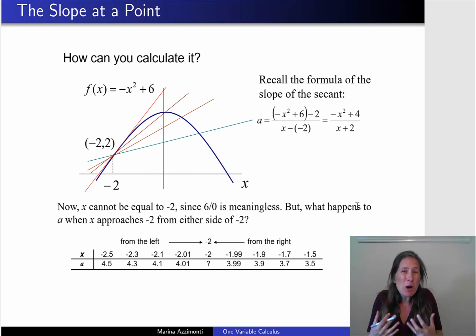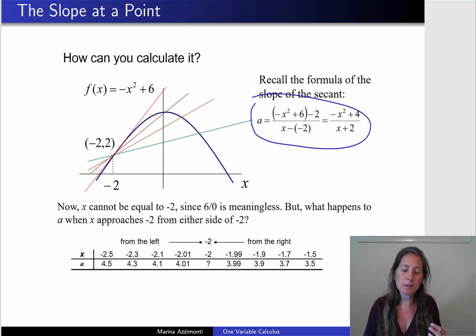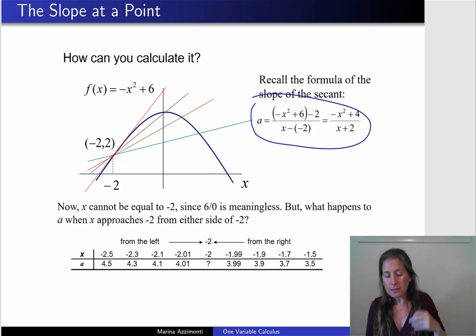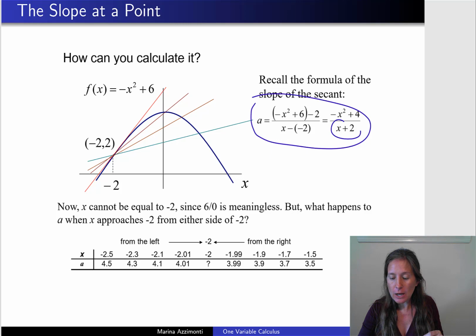Now, how can we actually compute this? Well, remember, we said we could use the secant. So, for example, if we think about this blue line, the formula for the secant is something that we computed a few slides ago. Now, we cannot use this formula exactly at x equal to minus 2, because then we would have something that is divided by 0, and that's an operation that we cannot do.